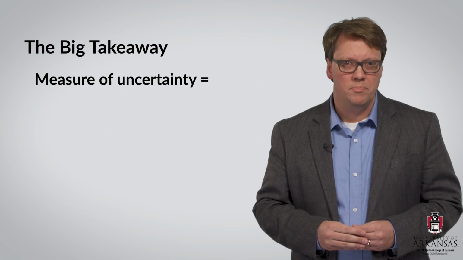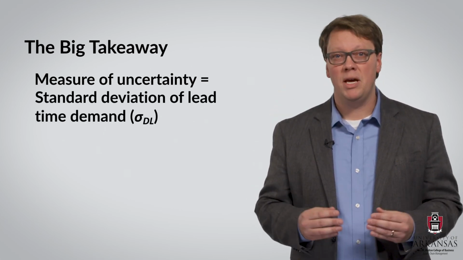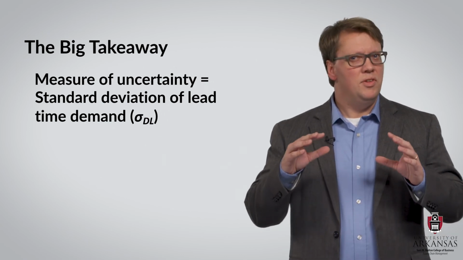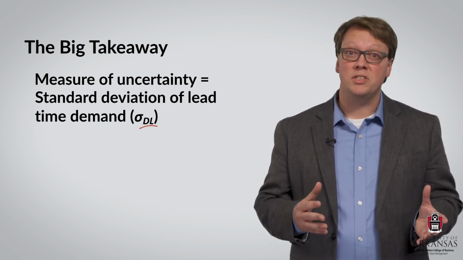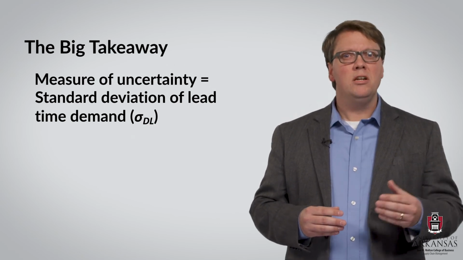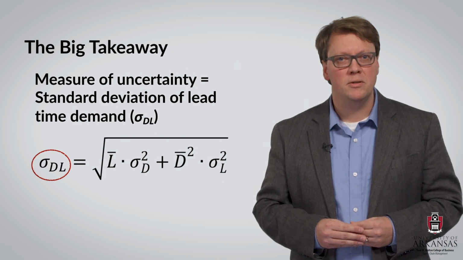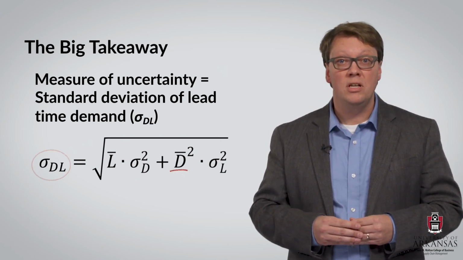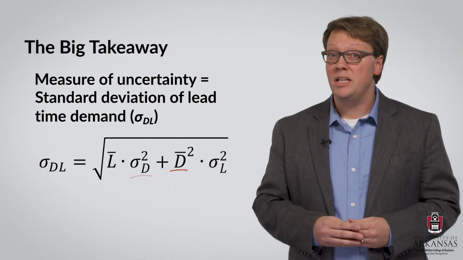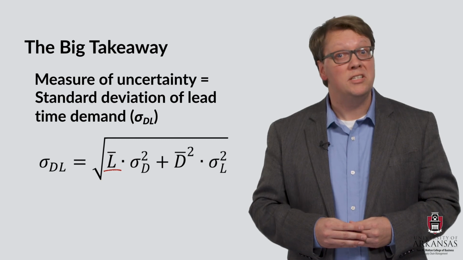There is a specific measure of uncertainty, and that measure is the standard deviation of lead time demand. This measure combines both demand and lead time uncertainty. And if we take a look at the formula for this standard deviation of lead time demand, we see that uncertainty arises as the level and variability of demand increase, and as the average and variability of lead times go up.